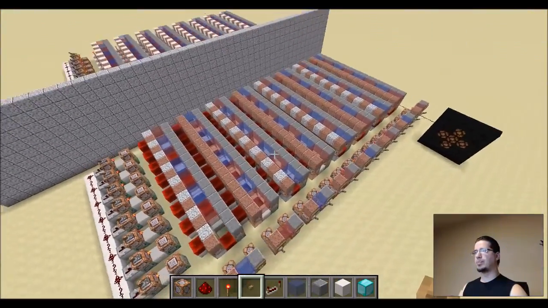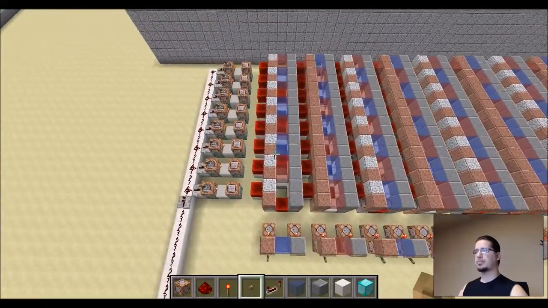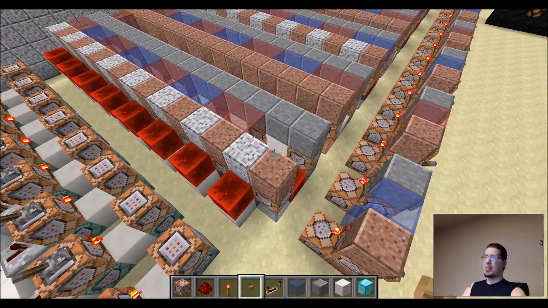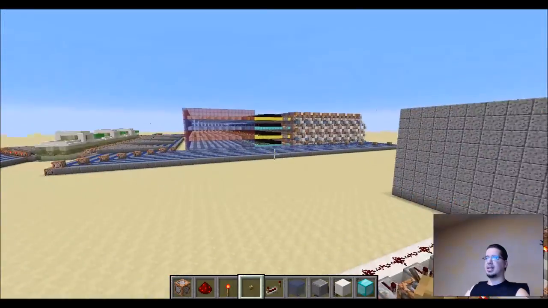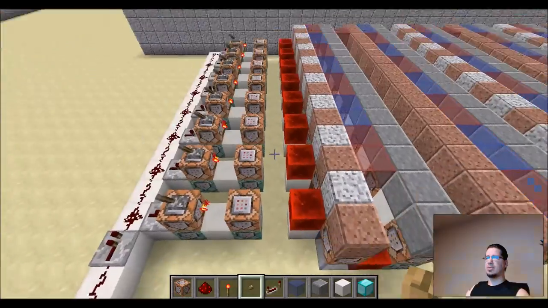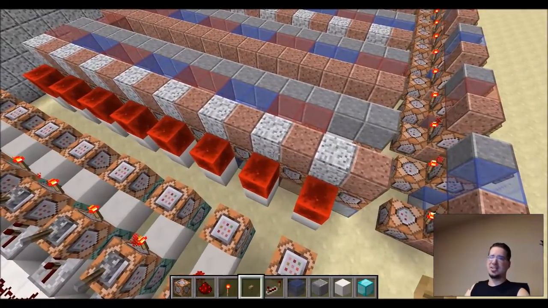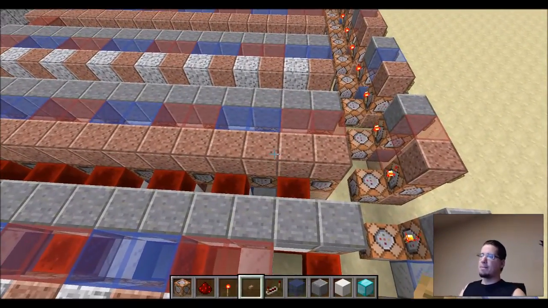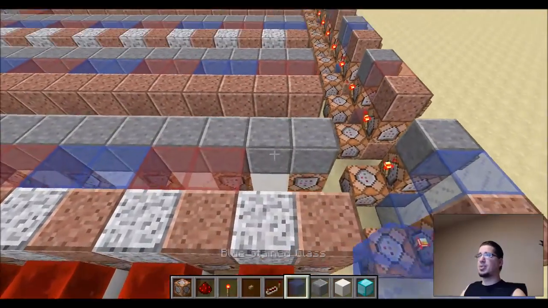So I am, once again, very happy about that. Now, can this be made even smaller? I'm not going to say no, because I thought that was as small as I could go, and it turns out you can actually go smaller. So I'm not going to say this is the smallest, but this is pretty damn small.